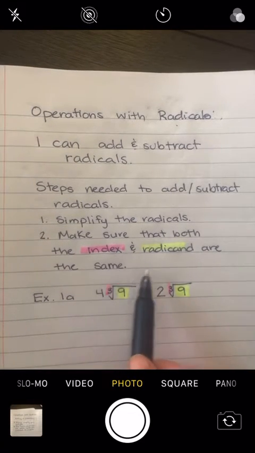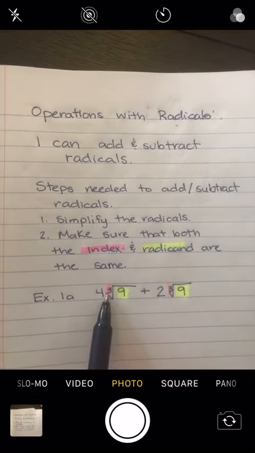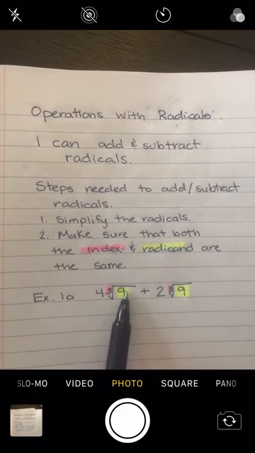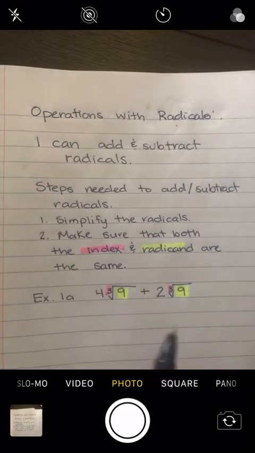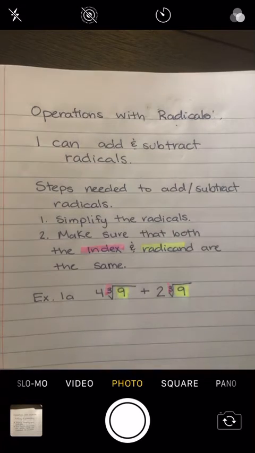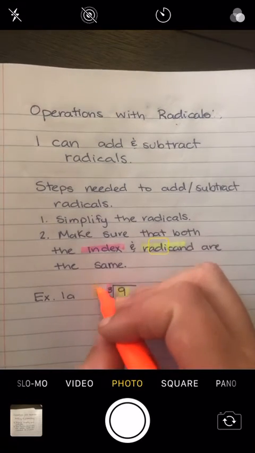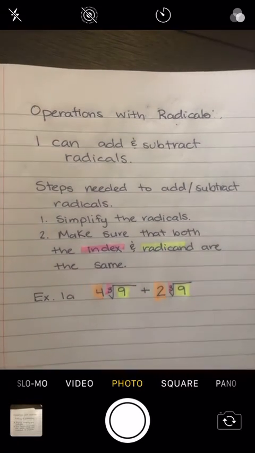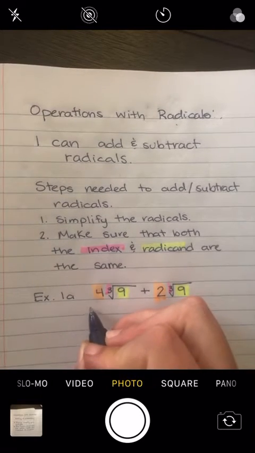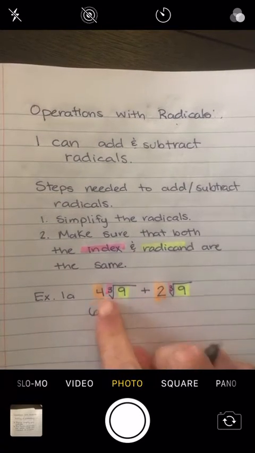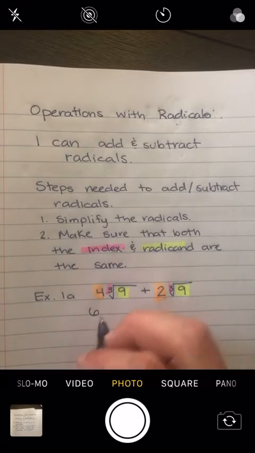Now, the whole point of this is that if these two are the same, all we have to do is act like this is an X. And we're just literally going to add together this front number, 4 and 2. So this is a basic one. 4 plus 2 is 6. If it was subtraction, we would just subtract the things in orange.